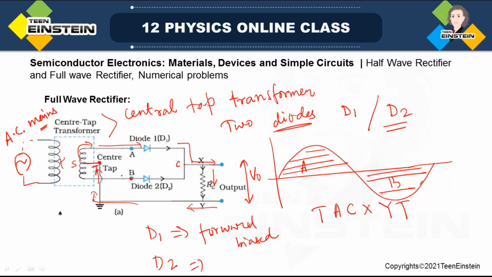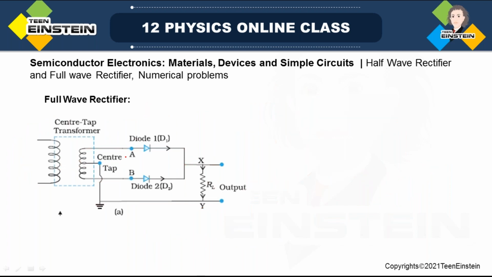So in the second half cycle, I'll clean everything. In the second half cycle, A will be negative, and B will be positive with respect to the center tap point. Then D2 will be forward biased, FB, and D1 will be reverse biased, RB.